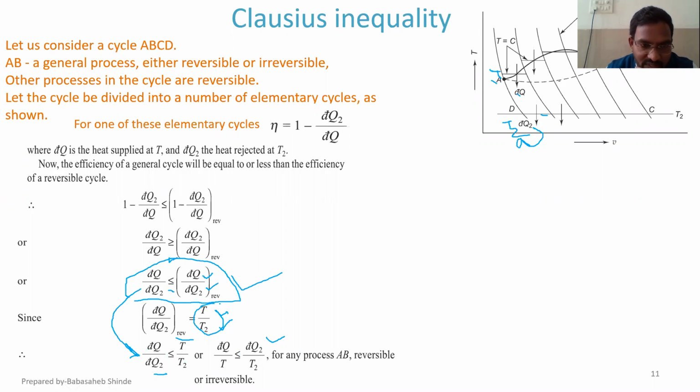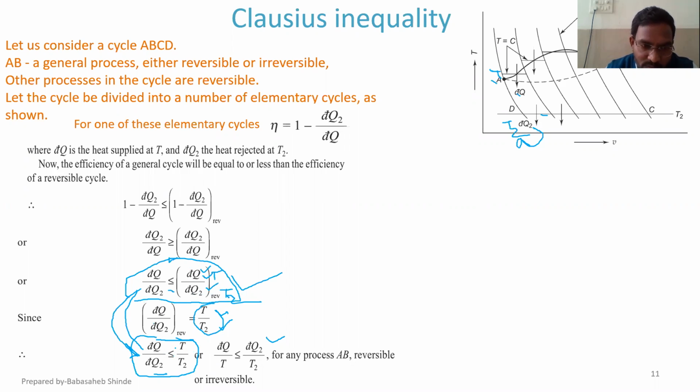Now here we know, for a reversible cycle, dq is the heat transfer at temperature T and dq2 is the heat transfer at temperature T2. So dq will be proportional to T and dq2 proportional to T2. So we are going to replace this dq by T and dq2 by T2. So you will get this relation. Left hand side is same. We just have replaced the right hand side by T by T2.